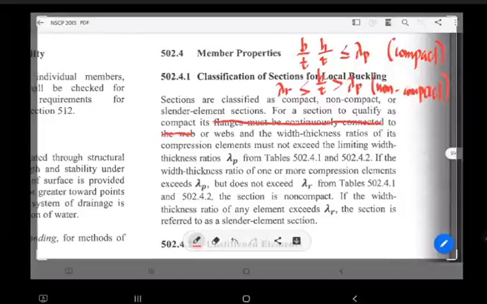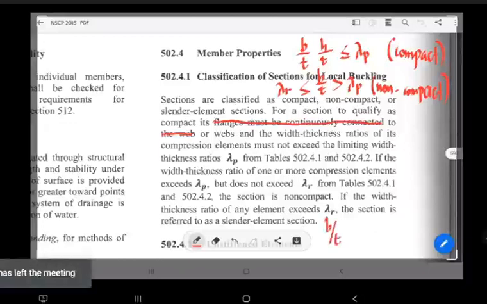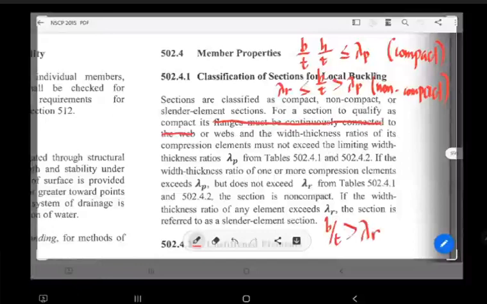And if it exceeds lambda r, and it should not exceed the limit, tama ba?